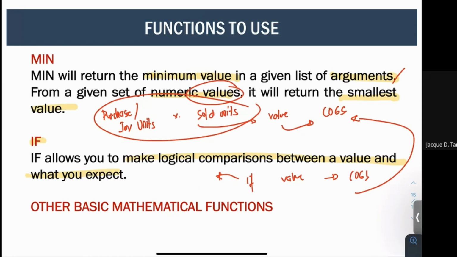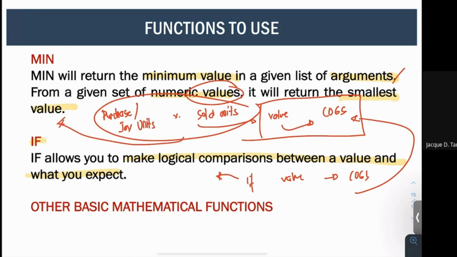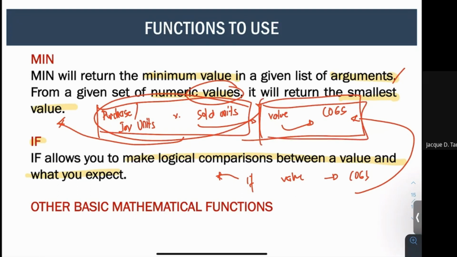This IF function is used on the second part of the total formula, because what we really want to do is first get the number of units, and then once there is a number of units taken, we get the value for the cost of goods sold. So in the first portion we use the MIN function, and in the second portion we use the IF function. We will also make use of other basic mathematical functions such as your sum, your multiply, and your divide.